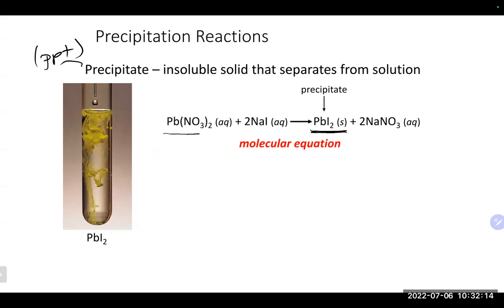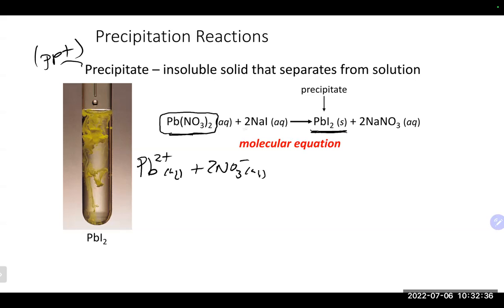It would break apart into its ions. So we would have lead with a +2 charge floating around. We would also have a couple of nitrates. And that is basically what this would be in solution, floating around.